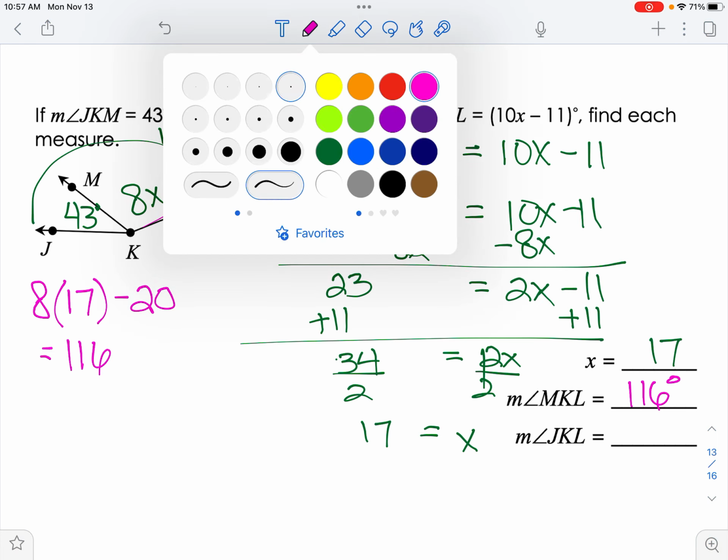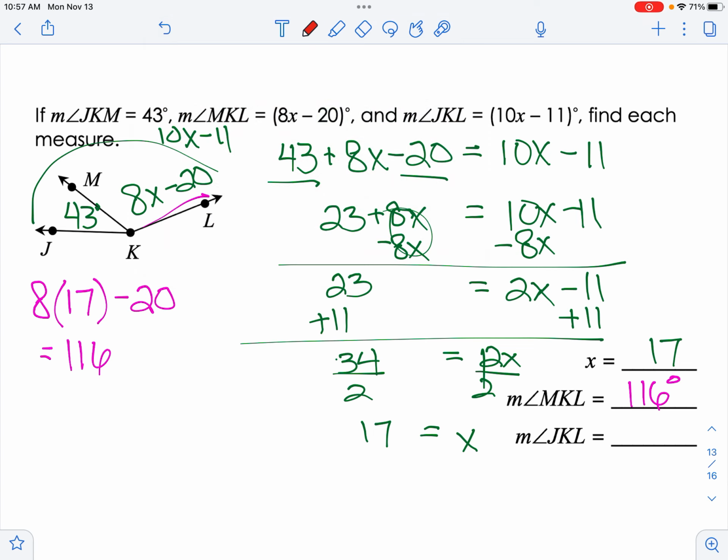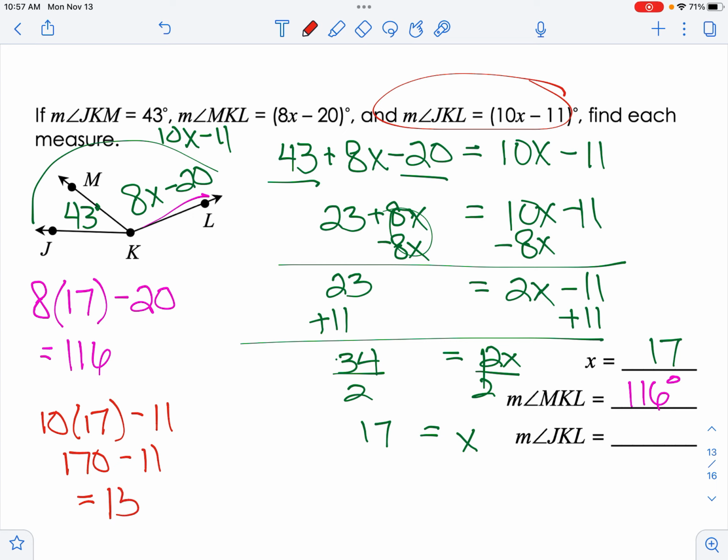Now let's do our other one, which is the measure of JKL, which is 10x minus 11. So let's do 10 times 17 minus 11. So this is 170 minus 11, which would be 159. So this is 159 degrees.